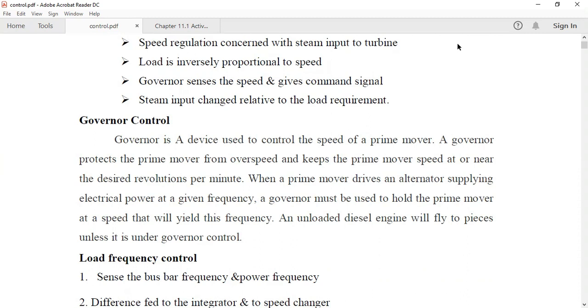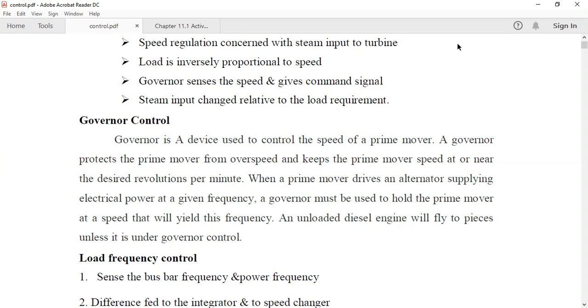When the prime mover drives an alternator supplying electrical power at a given frequency, a governor must be used to hold the prime mover at the speed that will yield this frequency. An unloaded diesel engine will fly to pieces unless it is under governor control.